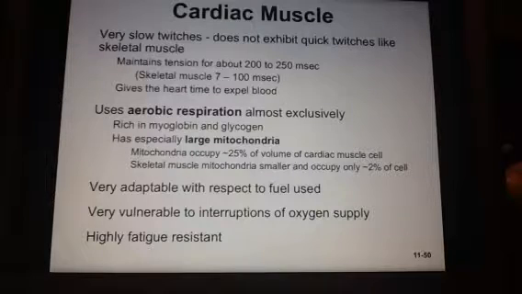It is using aerobic respiration almost exclusively, and that's the most efficient type because the oxygen is available. Large mitochondria for all of the ATP needed, and again, highly fatigue resistant. The cardiac muscle is very vulnerable to lack of oxygen, and again, in AMP2, you'll be able to take a closer look at that.